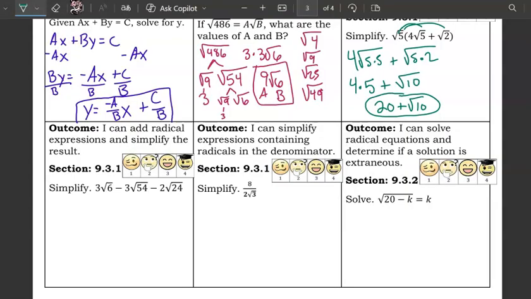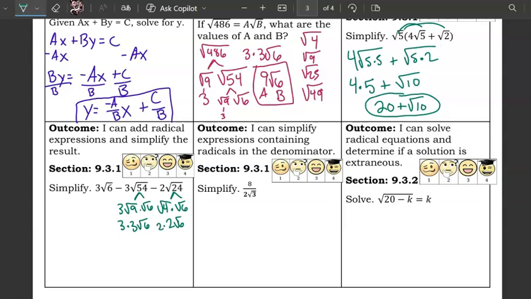Outcome: I can add radical expressions and simplify the result. Simplify 3 square root 6 minus 3 square root 54 minus 2 square root 24. Let's simplify these square roots and then rewrite it. So it's 3 times 3 times square root 6, and then this one is going to be the square root of 4 times the square root of 6, 2 square root 6.